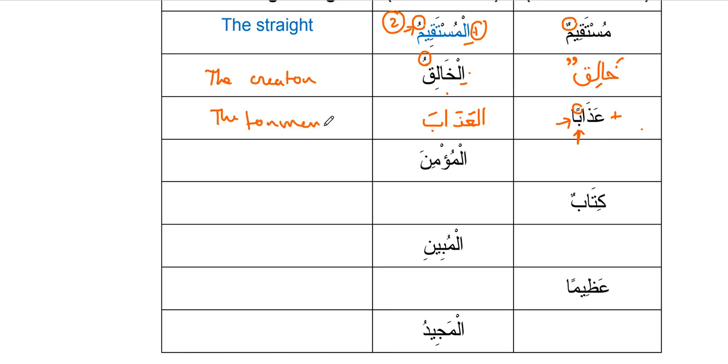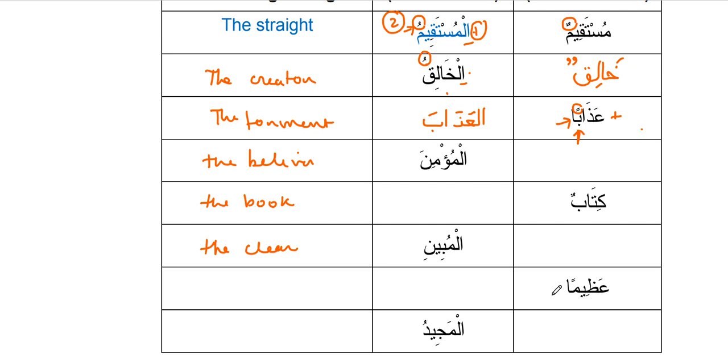So you need to make this al mu'min into nakira. Mu'min means the believer. You should make this into nakira by yourself. Kitabun, make it marifa here. It's the book. Now al-mubin, make it nakira here, the clear. And translate this because this is with al.